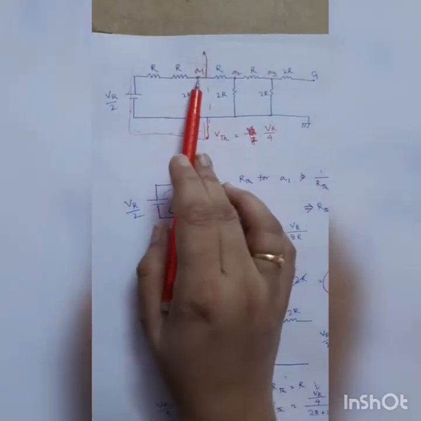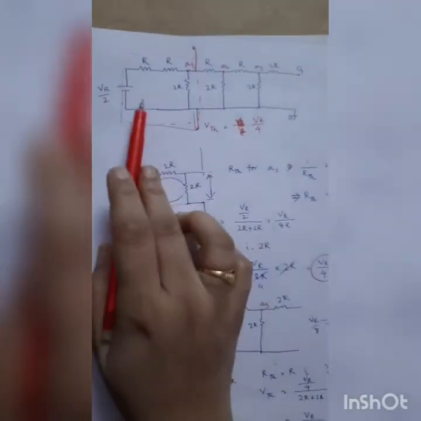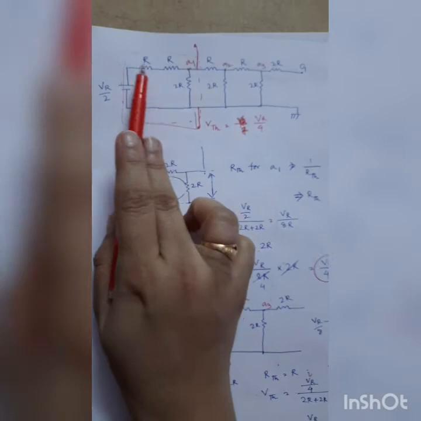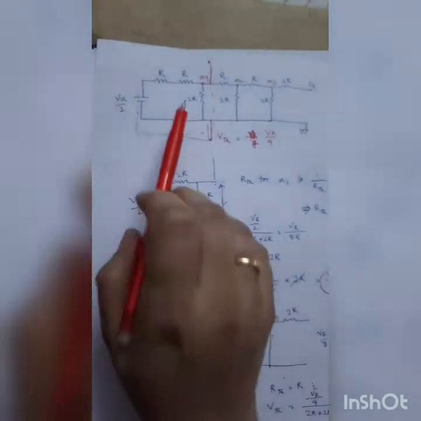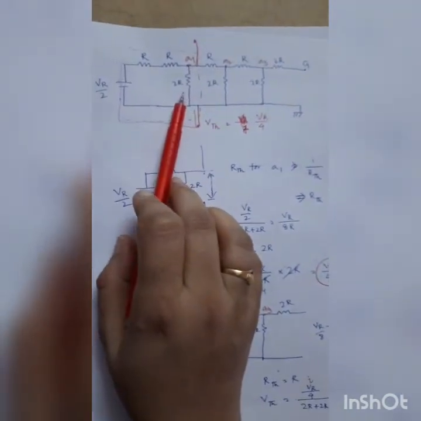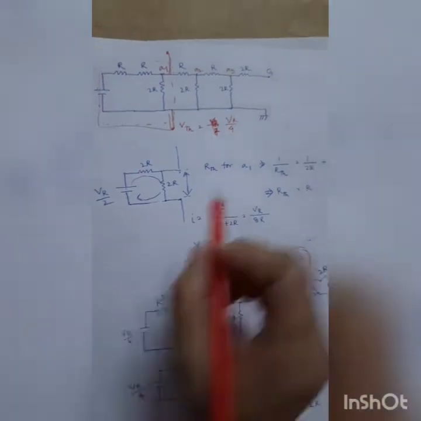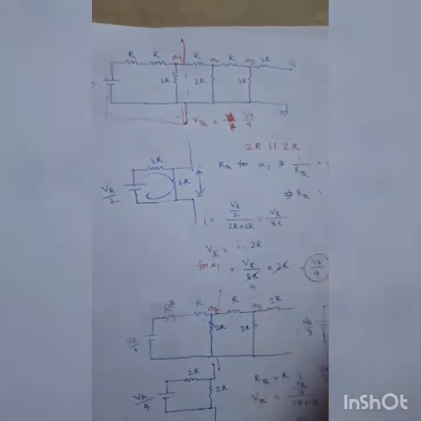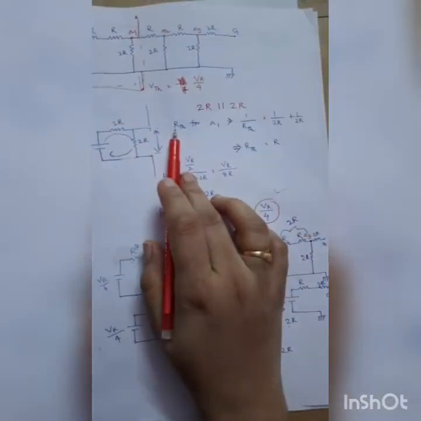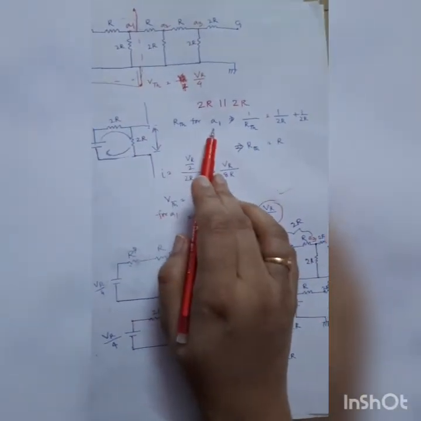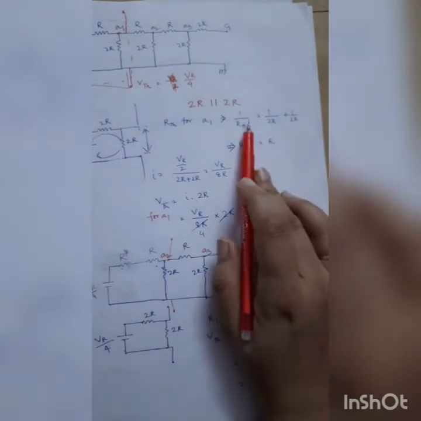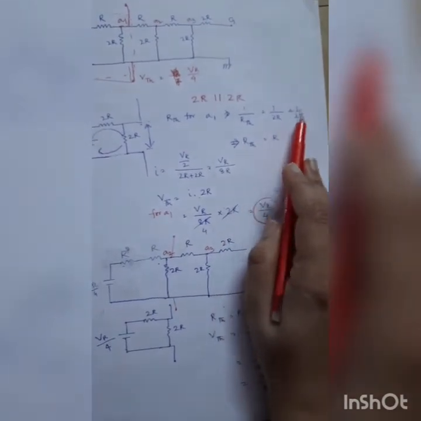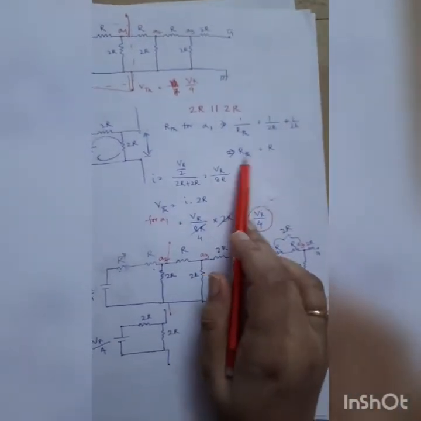Now we look at A1. This R and this R are in series, so the total resistance is 2R. This 2R is parallel with 2R. So what will be the RTH for A1? Again the same thing: 1 by RTH equals 1 by 2R plus 1 by 2R. So RTH will be R.